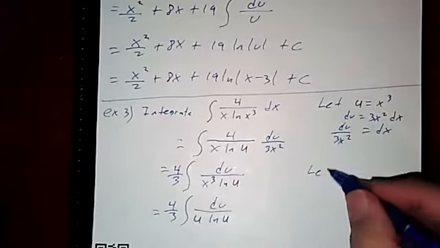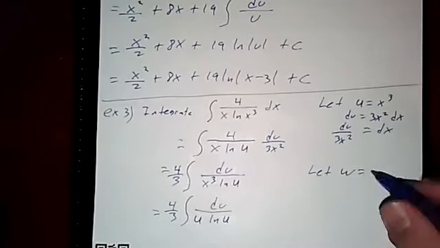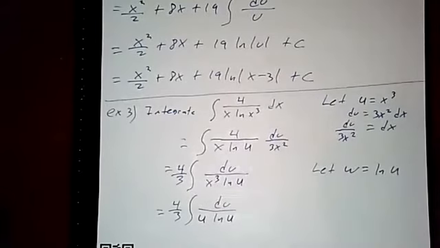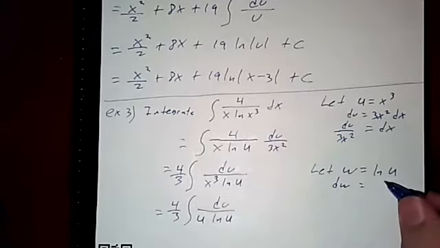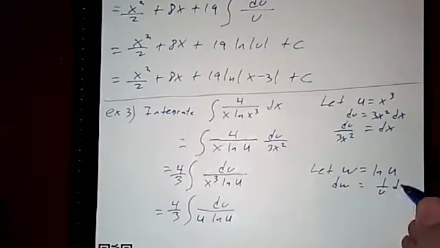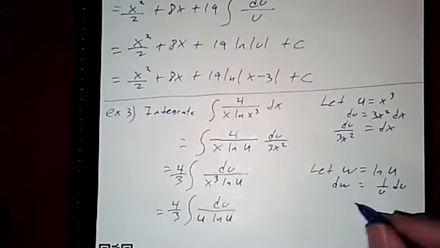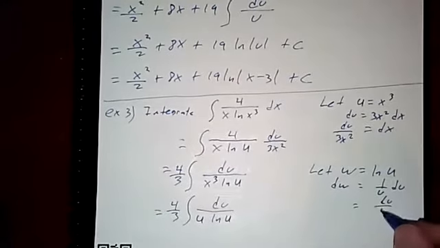I'm going to do a double sub. Let w be ln u. dw will be 1 over u du, or du over u, right? Same thing.